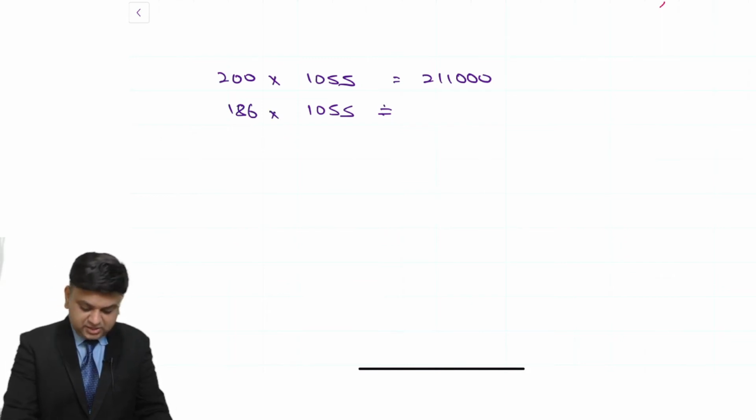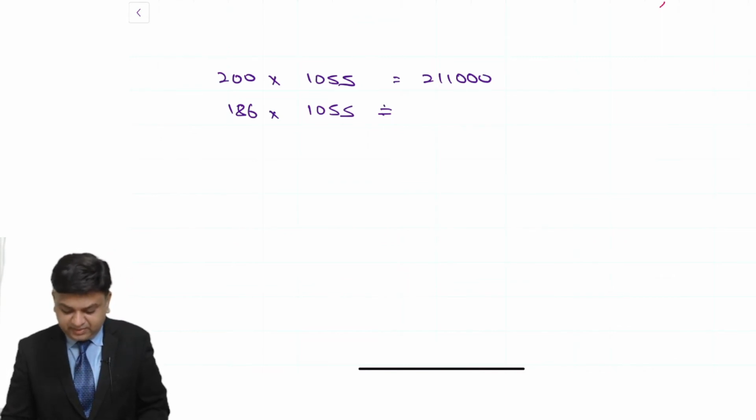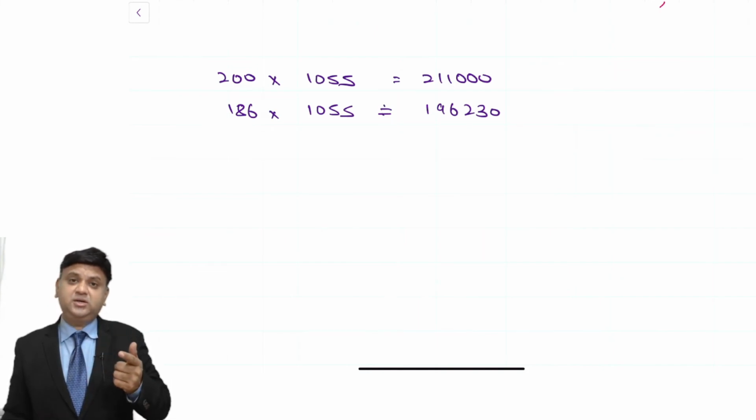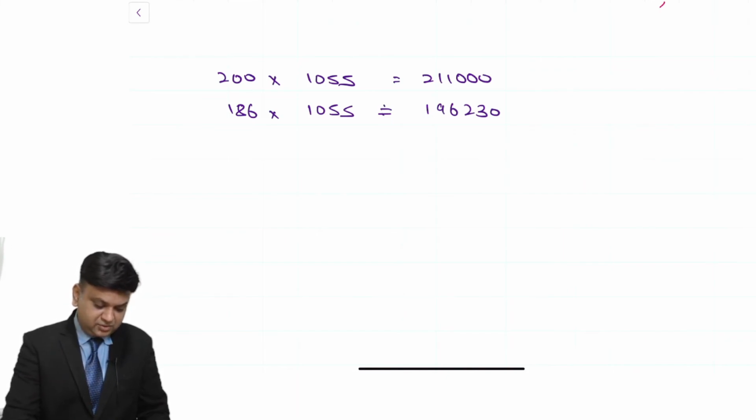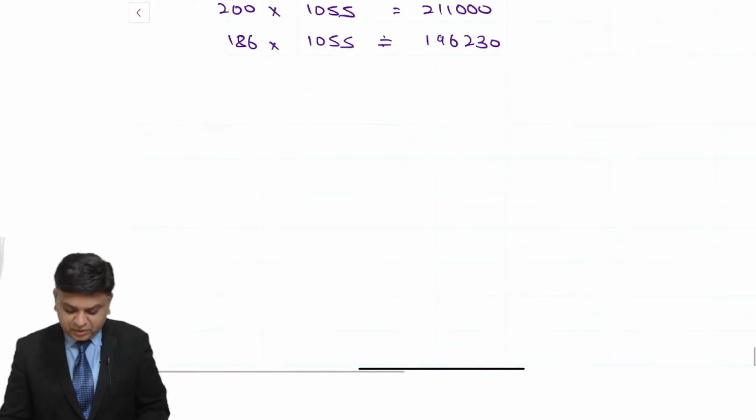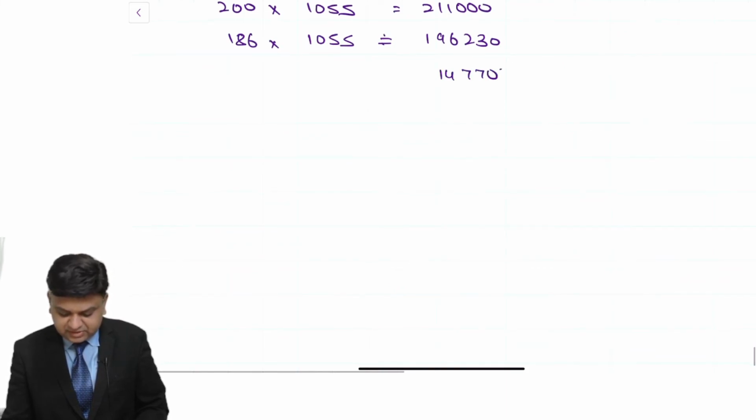So 186 into 1055, the value will be 196,230 for the shares in which you made investment. So 196,230 minus 2,11,000, the amount of the loss will be 14770.